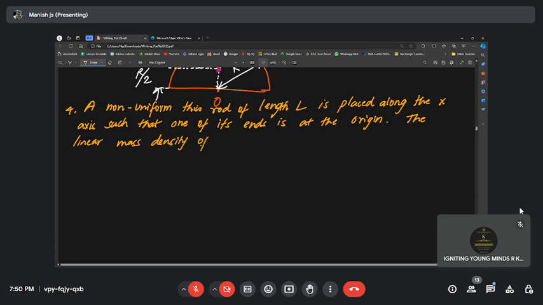The linear mass density of the rod is given by lambda is equal to lambda naught into x.